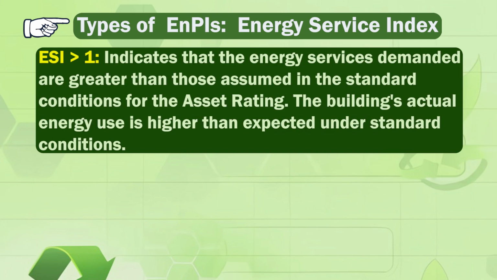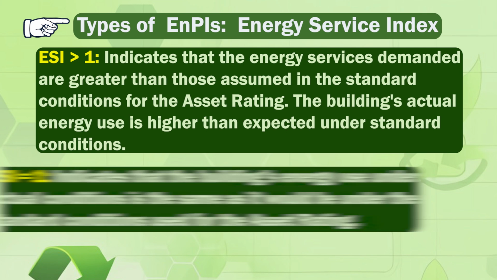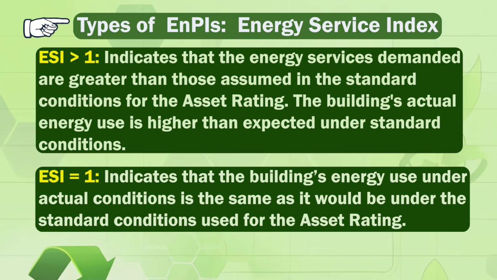If ESI is greater than 1, it indicates that the energy services demanded are greater than those assumed in the standard condition for the asset rating. The building's actual energy use is higher than expected under standard condition. And if ESI is equal to 1, it indicates that the building's energy use under actual condition is the same as it would be under the standard condition used for the asset rating calculation.